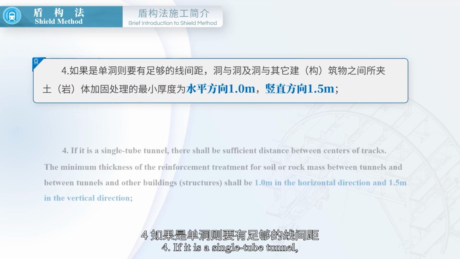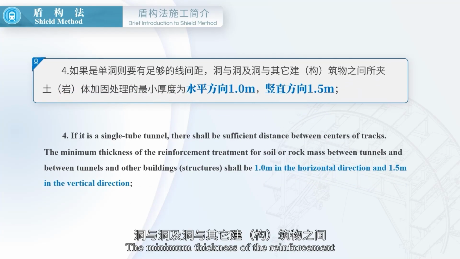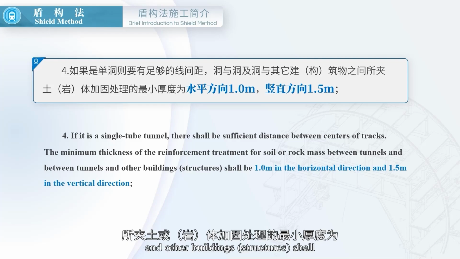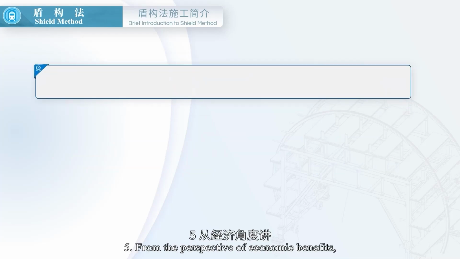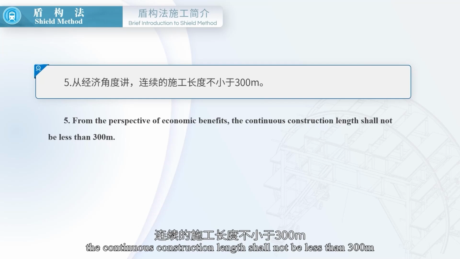If it is a single-tube tunnel, there shall be sufficient distance between centers of tracks. The minimum thickness of the reinforcement treatment for soil or rock mass between tunnels and other buildings, structures, shall be 1.0 m in the horizontal direction and 1.5 m in the vertical direction. 5. From the perspective of economic benefits, the continuous construction length shall not be less than 300 m.